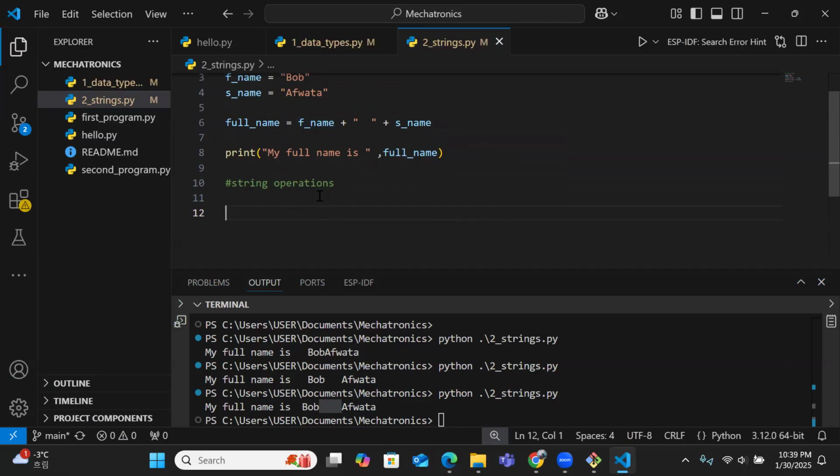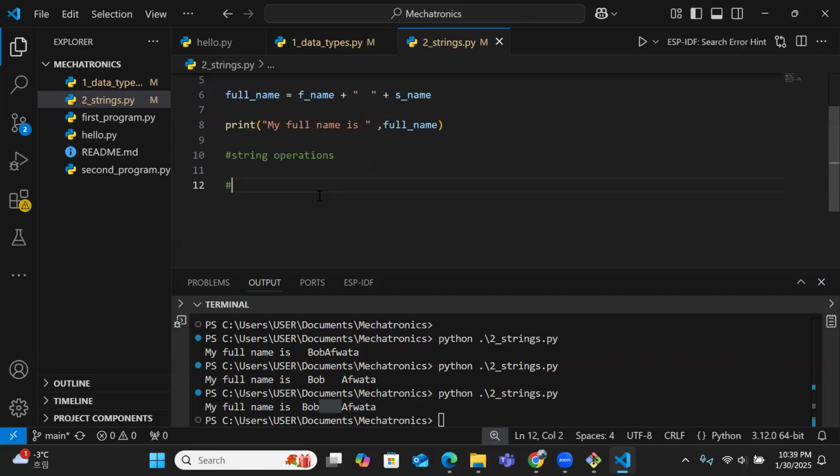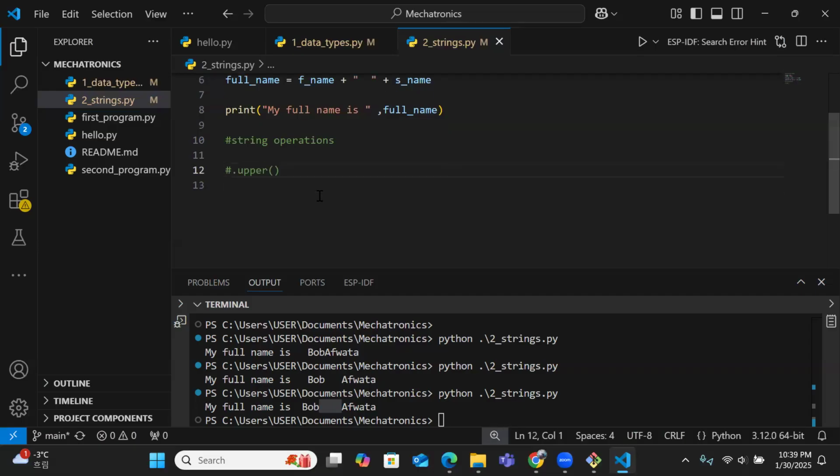So to upper will convert a lowercase string, if something is in lower case, to upper case.